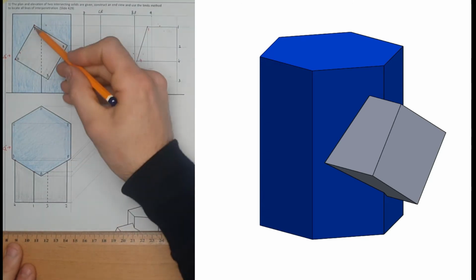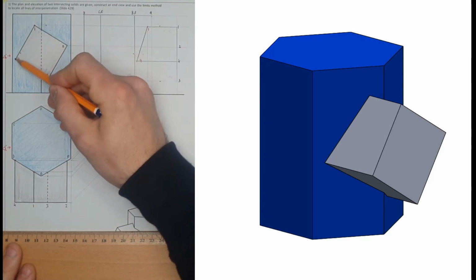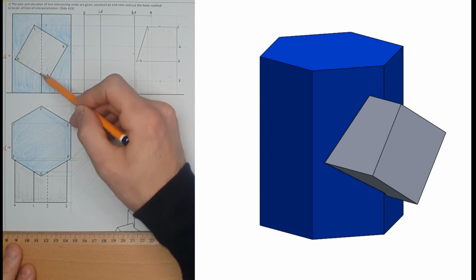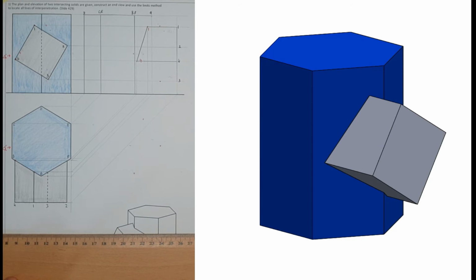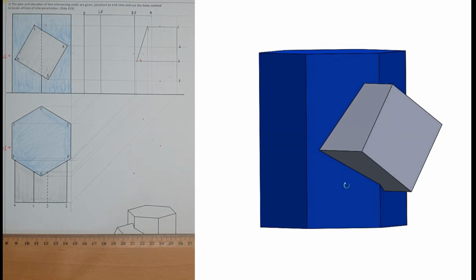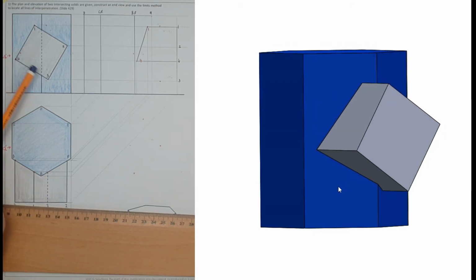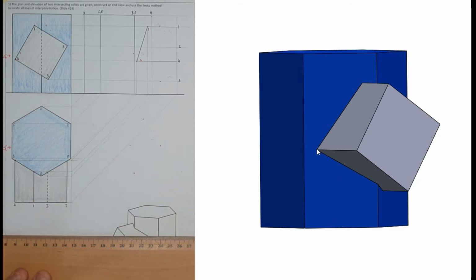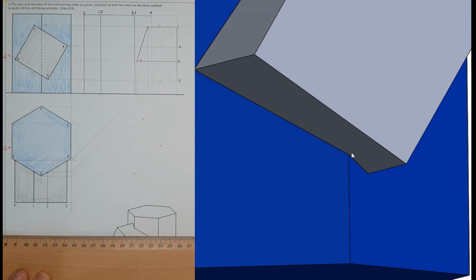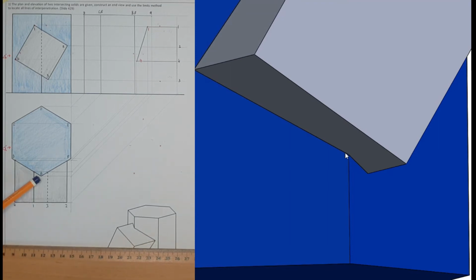Next, where does it go? So I'm going to go from 1 to 4, and on my way down here I hit a turning point or a bend point. So that is the next important point right there. Where is it? If we just see it on SolidWorks there, well, I went from 1 down to 4, and on my way from 4 to 3, so from 4 down to 3, which is down here, I hit a turning point, which is on the edge, what, A, isn't it?